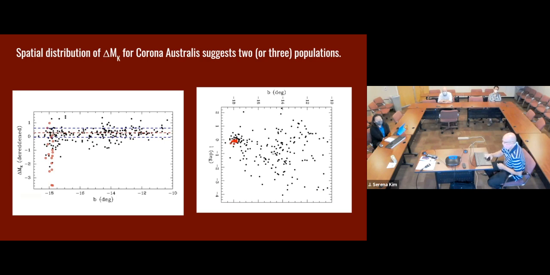And here are their distributions on the celestial sphere, with b going this way again. We'll talk about those red stars in just a second. This line through the center is approximately the median value through this region, and then blue lines above and below, at the same distance, just to guide your eye.